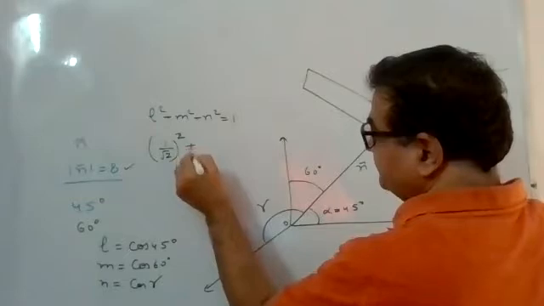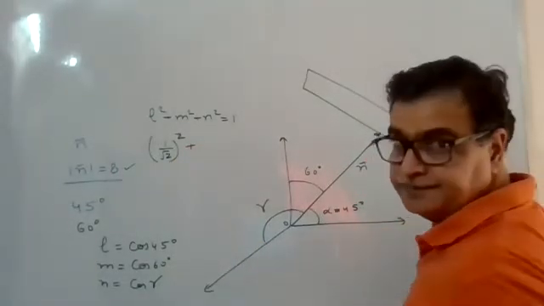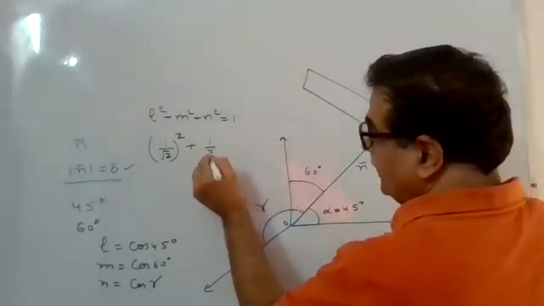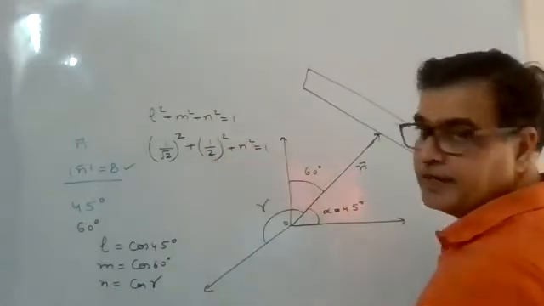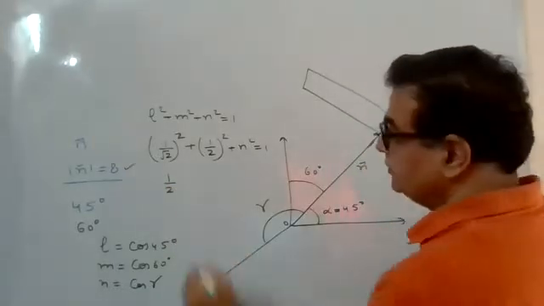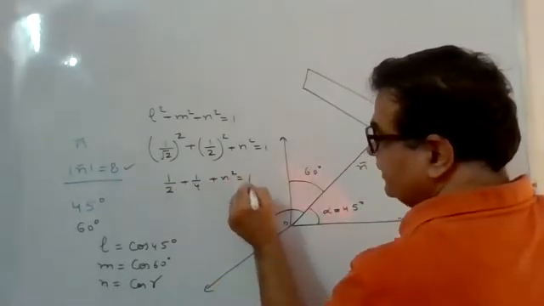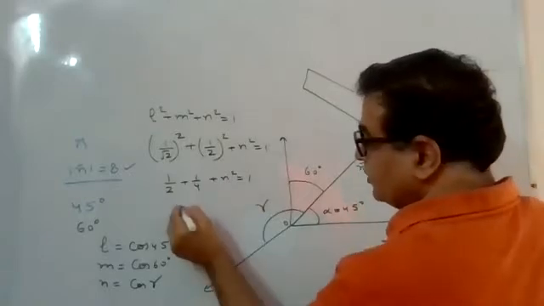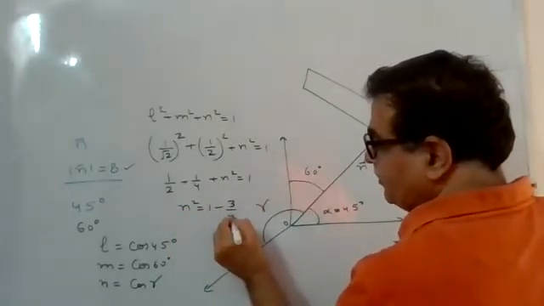Then m squared. Cos 60, cos 60 will be what? 1 by 2, whole squared. Plus n squared is coming as 1. Then I'll write this is 1 by 2 plus 1 by 4 plus n squared is coming 1. Or we should say n squared is what? 1 minus 3 by 4.